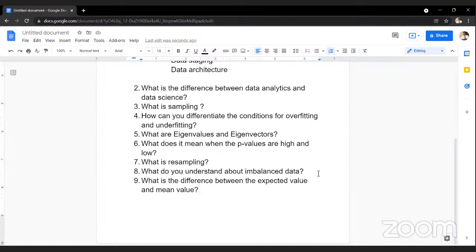What is the difference between an expected value and a mean value? What is that all about? We have heard about expected value, right? It is in probability. Mean is also in statistics.